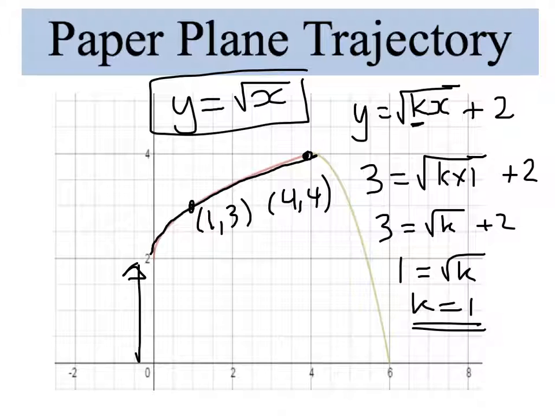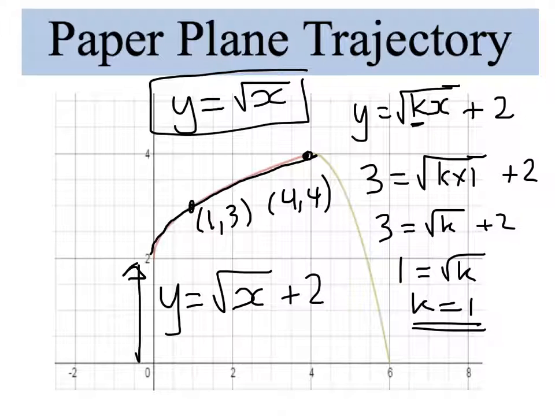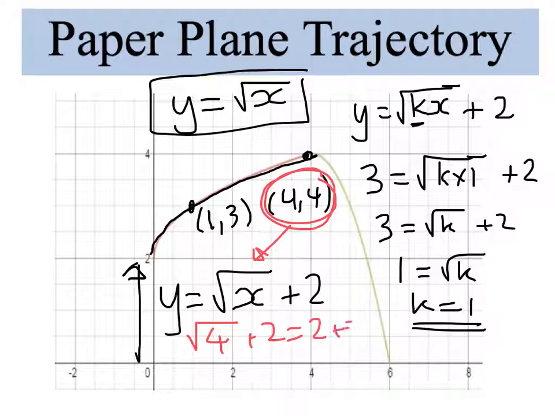It's telling me that my function is just y is equal to the square root of x plus 2. Let's check that with another point. Let's look at whether this one is in fact on that curve, and we see that the square root of 4 plus 2 is equal to 2 plus 2, which is equal to 4. So that all looks good.